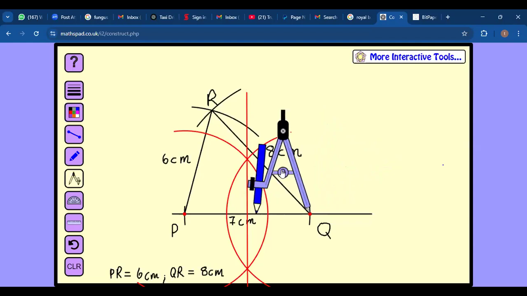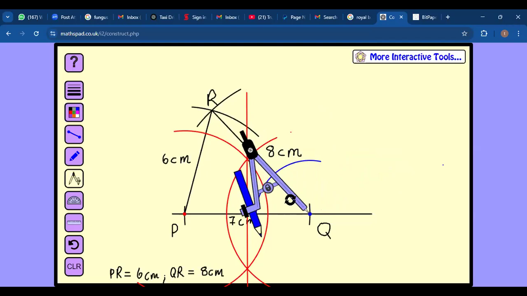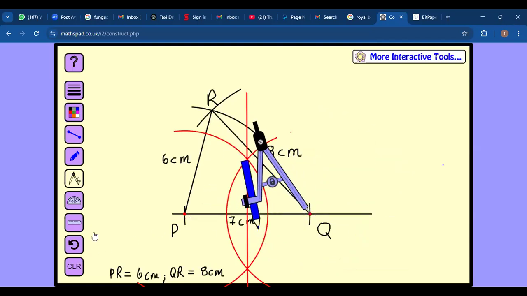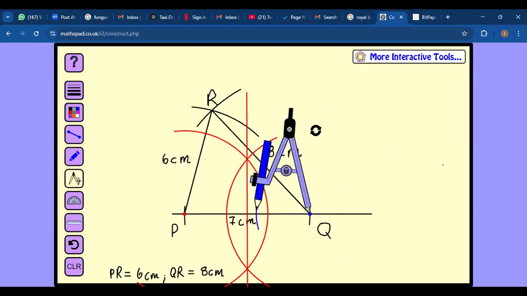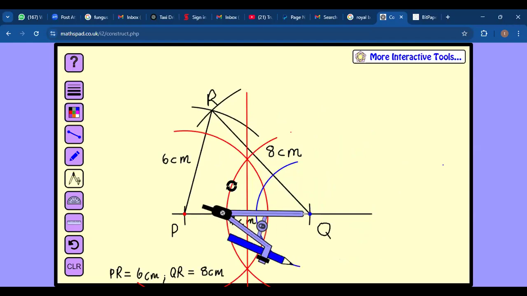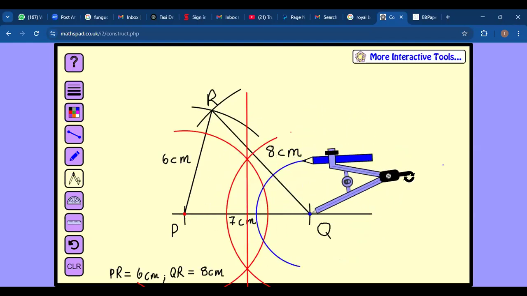So I'm going to lock this in. Then I'm going to draw an arc. I don't want my arc to be like that. I don't need it to be all that long. Just a simple arc, above and below.